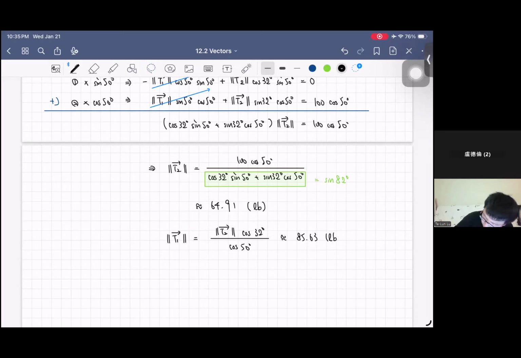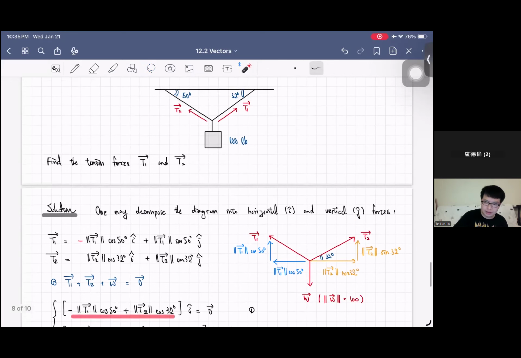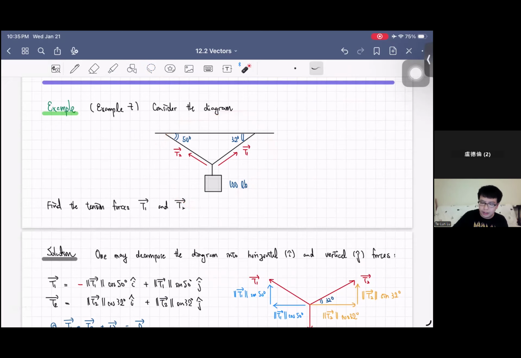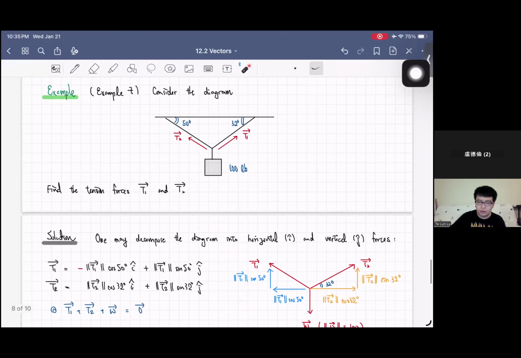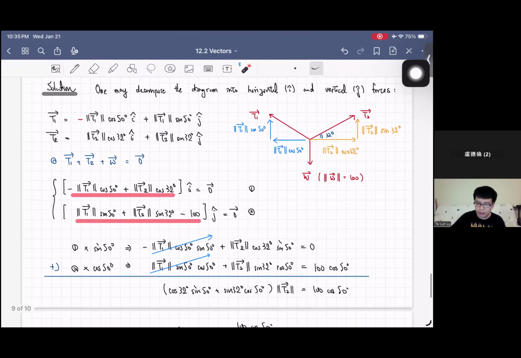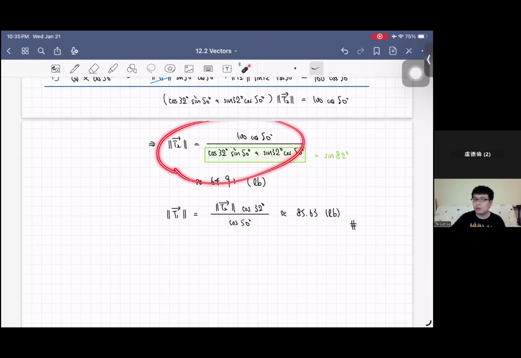Again, it's pound. Okay. So given that you have this net force zero diagram, and this object has 100 pounds of gravity, then the tension of T1 and T2 given this angle will be something like this. This is the magnitude of that vector. And we already know the direction, so this is what we need to find.